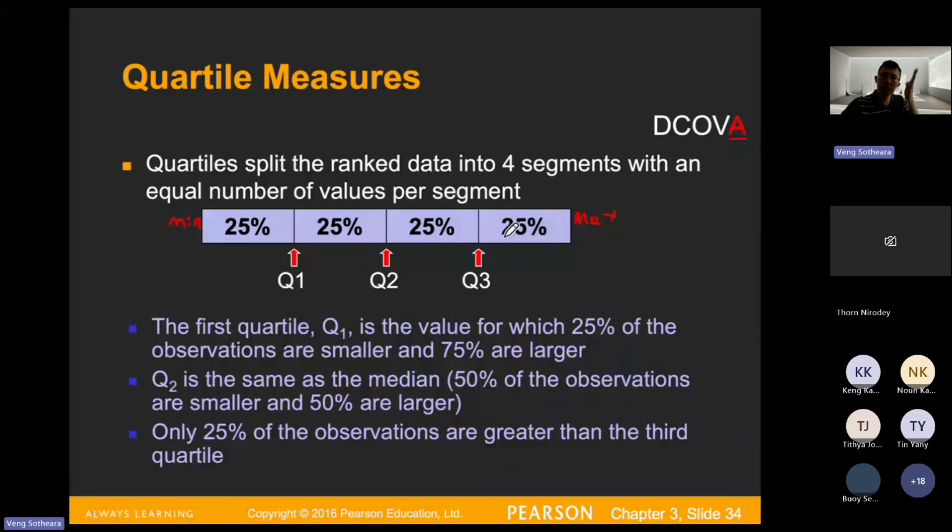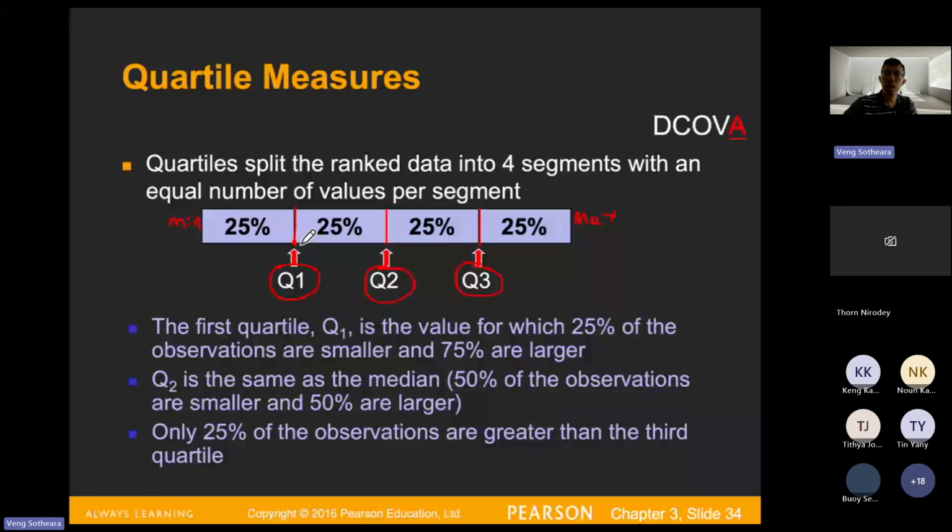Just like dividing everything into 4 equal parts. In other words, this should be a position called Q1, the first quartile, and this should be a position called Q2, the second quartile, and this should be a position called Q3, the third quartile, right?